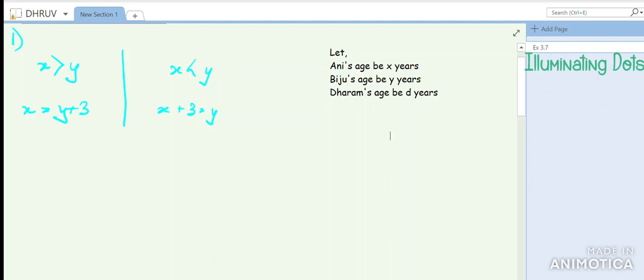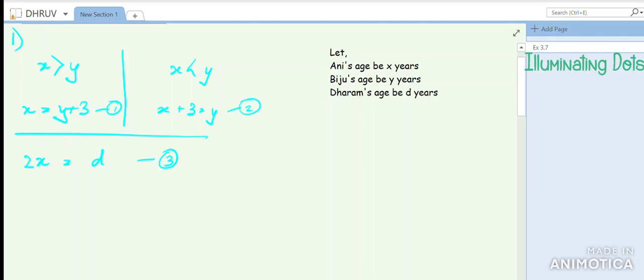Ani is x years old, and Dharam is twice the age of Ani. D is Dharam, and the younger one is x, so we multiply 2 to Ani's age. So D equals 2x is the equation we got here. This was the first equation and this was the second equation, and this is the third equation.